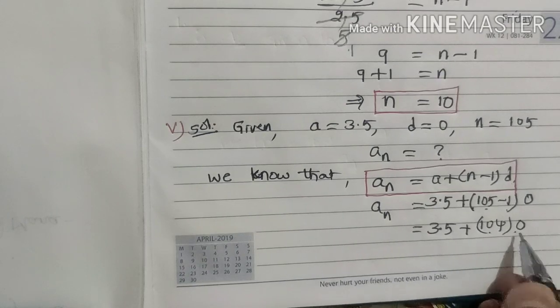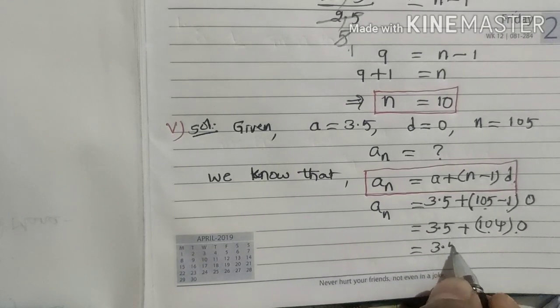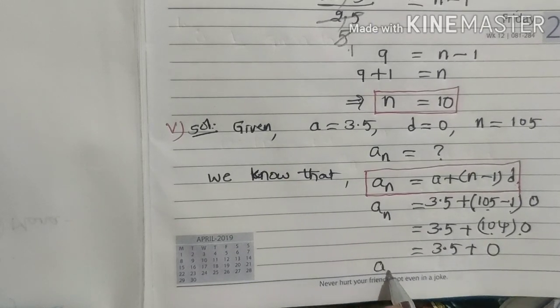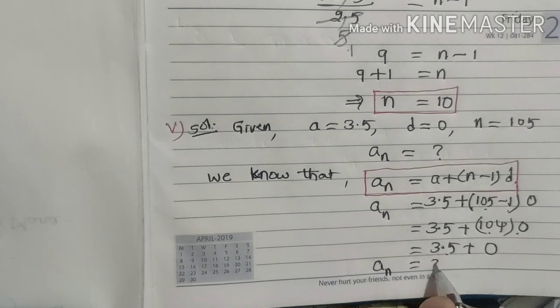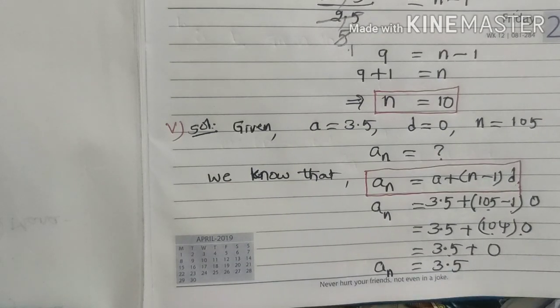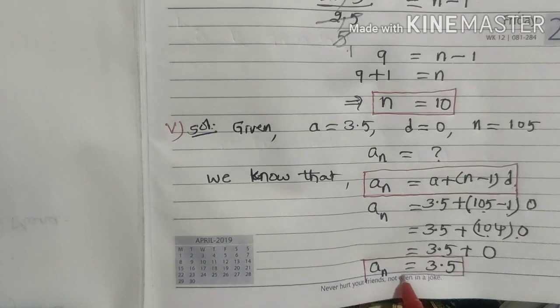Any number multiplied with 0 is 0 only, so you will get 3.5 plus 0, which is nothing but an. When we add any number with 0, we get the same number. 3.5 plus 0 is nothing but 3.5 only. So you got the value of an as 3.5.